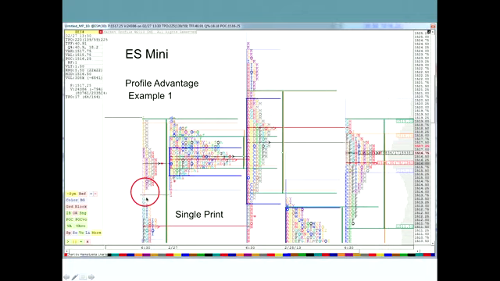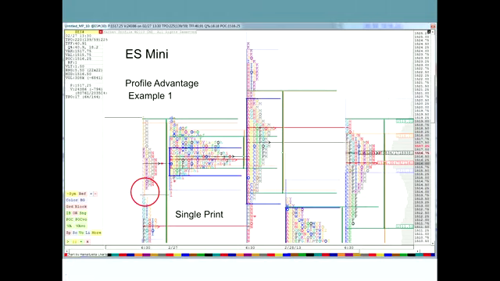Okay, look what happened in period J. It opened down here below, right above the price point of control, right here, and then it jumped, took out the range, the high of the day, and then created a single print that not a single other letter was able to come back and print in front of it for the rest of the whole day.